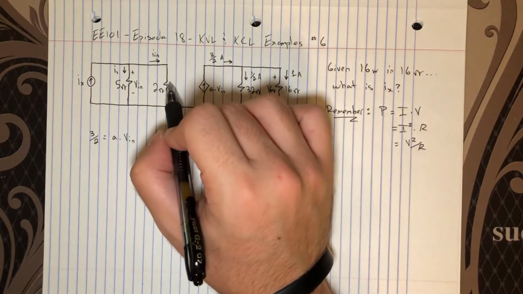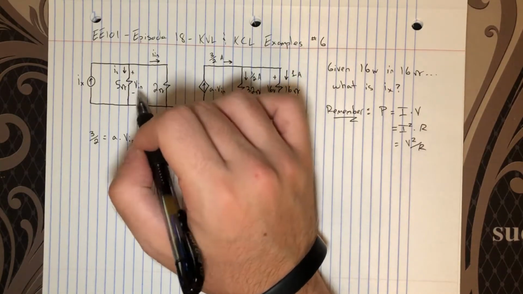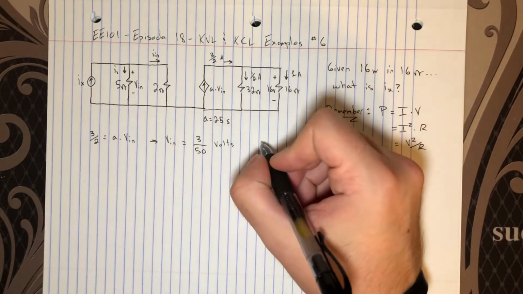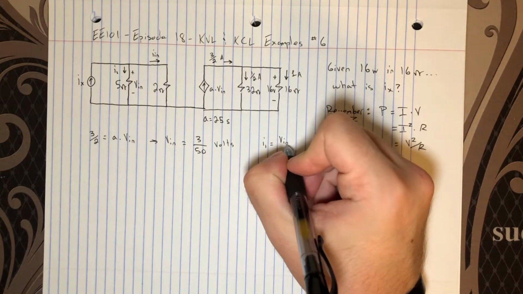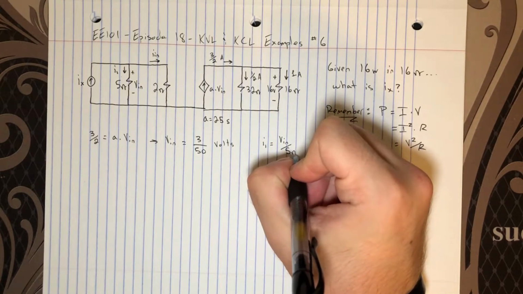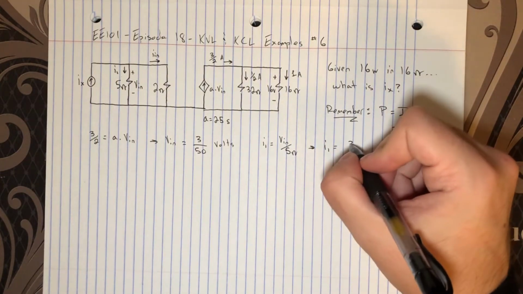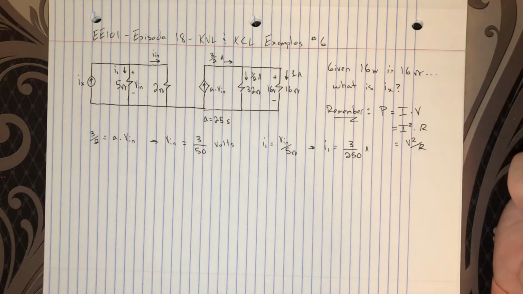And I also know the polarity across the 2 ohm resistor to be the same as Vn. And so now let me write this out. I'm going to say I1 equals Vn divided by 5 ohms. Therefore, I1 equals 3 over 250 amps.